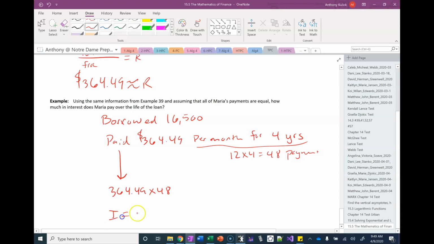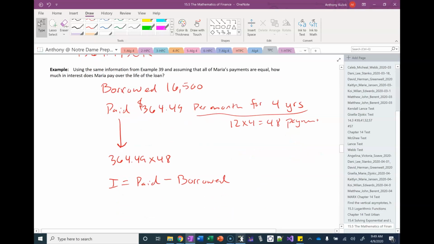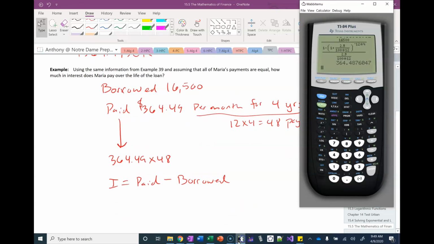So the amount of interest paid should be the amount we paid for the car minus the amount we borrowed for the car. So if I do that on my calculator, I have 48 times this value here, so I'll just press second and then a negative sign to get that number, minus 16,500.